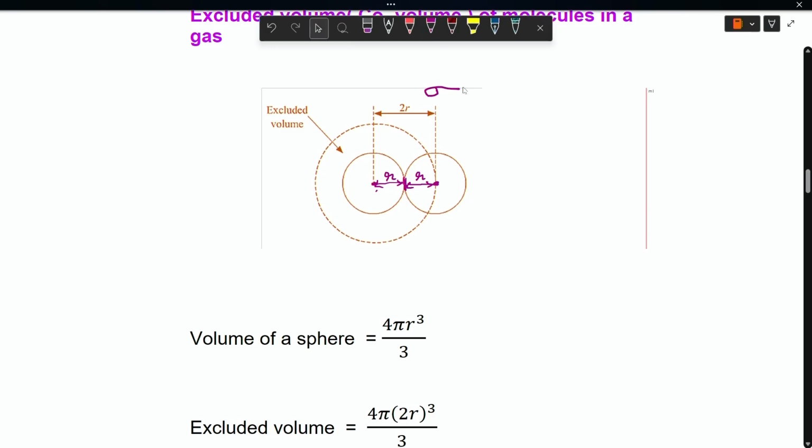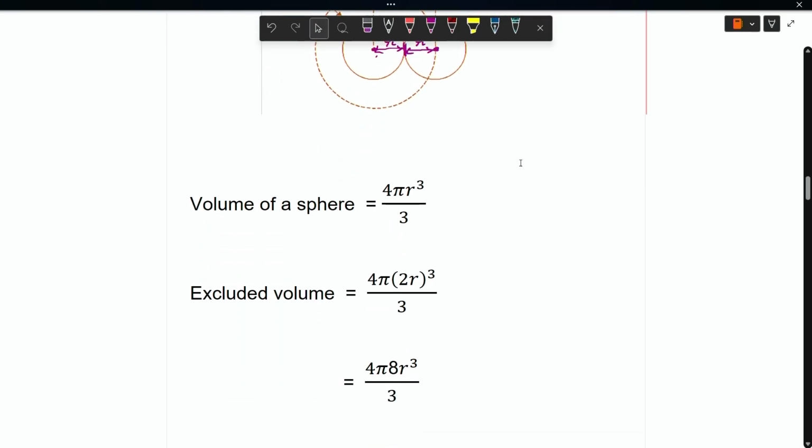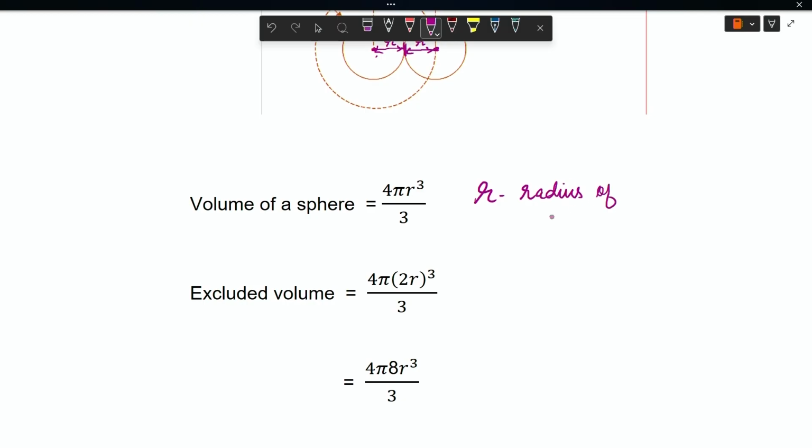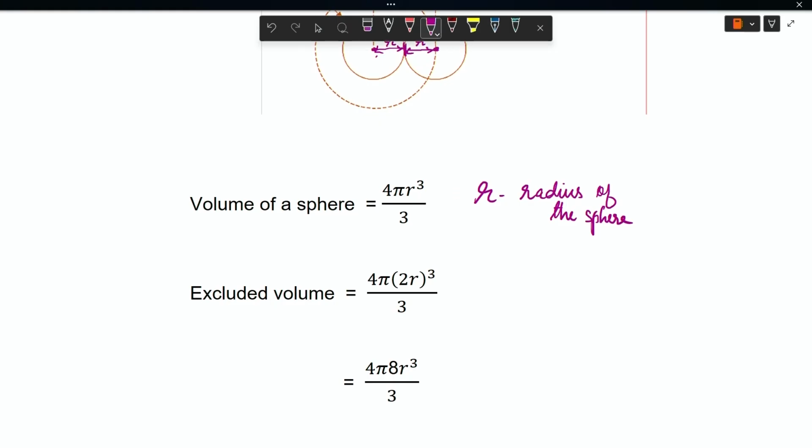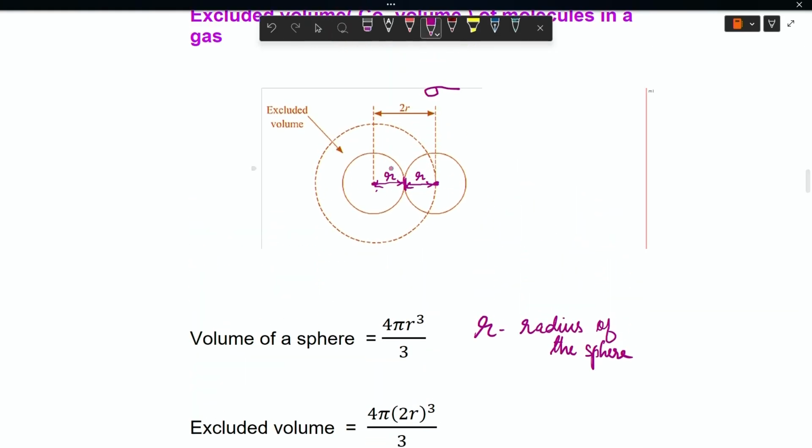Now, we know from mathematics that the volume of a sphere is 4 pi by 3 r cubed, where r represents the radius of the sphere. But here, in the excluded volume, the radius is 2r. This dotted line shows the excluded volume; you consider it a sphere, and this is its cross section.